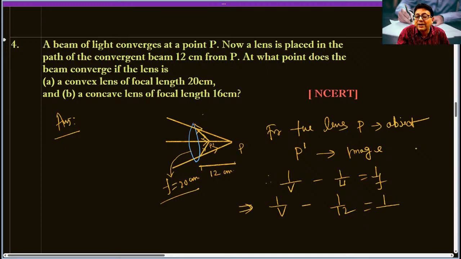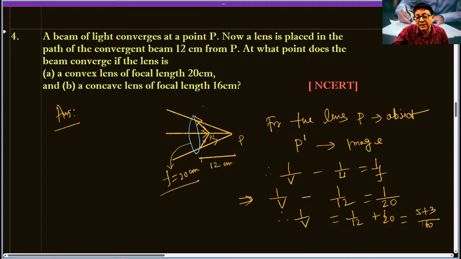Got it? Now this is 1 by F. F is what? F is given 20 and it is positive. So 1 by V is 1 by 12 plus 1 by 20. LCM is 60 over there, 5 plus 3.